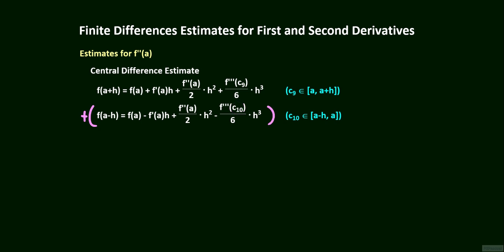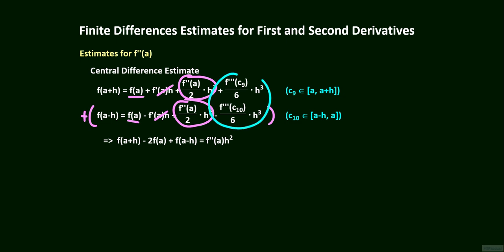And so adding the two equations and rearranging the terms, f of a plus h minus 2 times f of a plus f of a minus h equals f double prime of a times h squared plus the error term f triple prime of c sub 9 minus f triple prime of c sub 10 times h cubed divided by 6.